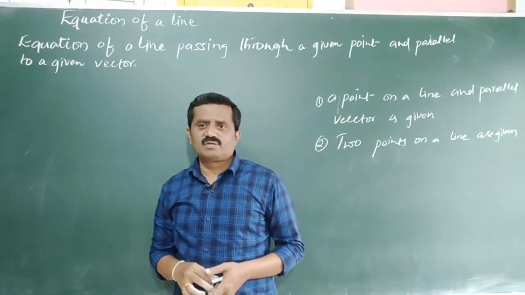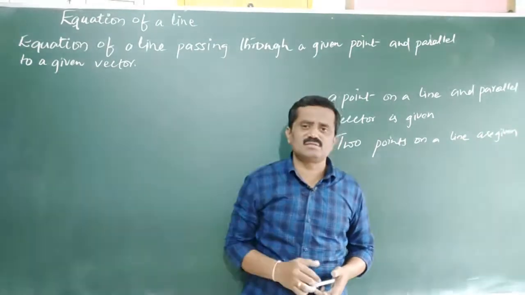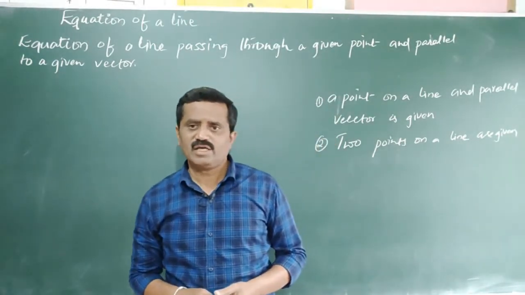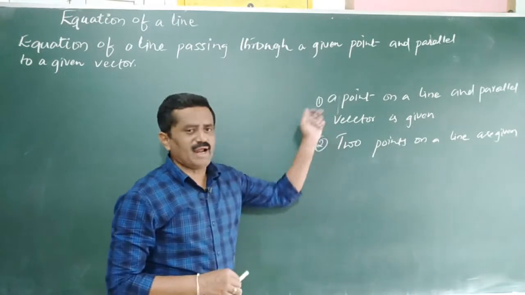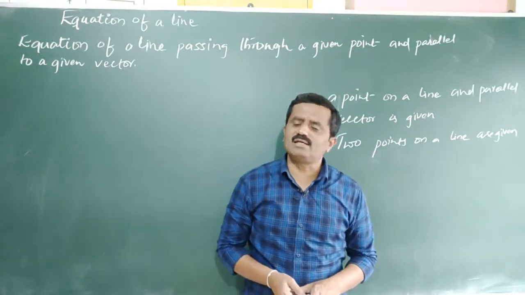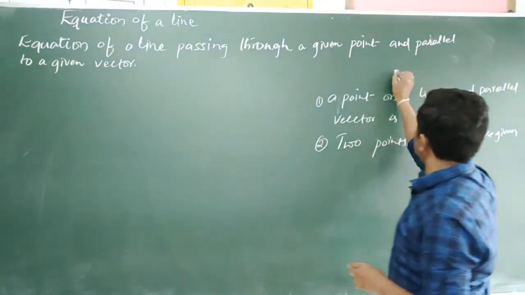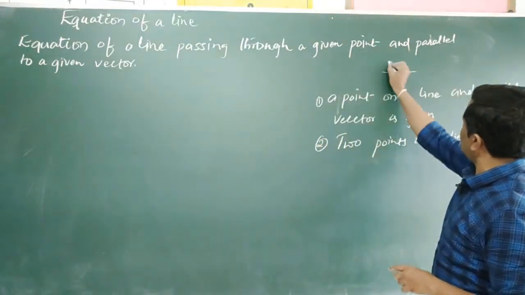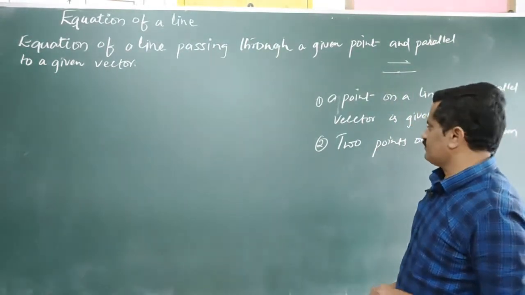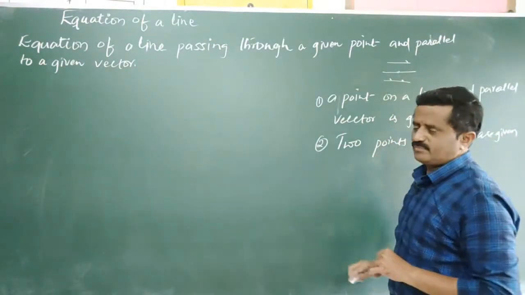The equation of a straight line in space can be uniquely determined if a point on the line and a parallel vector are given, or if two points on the line are given.